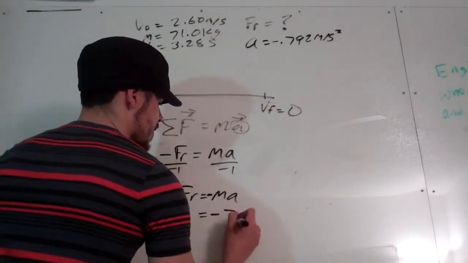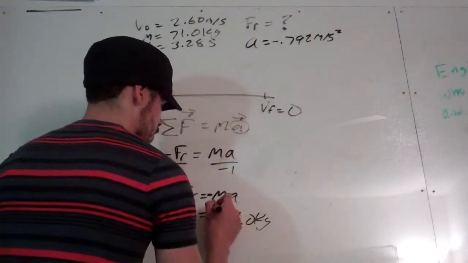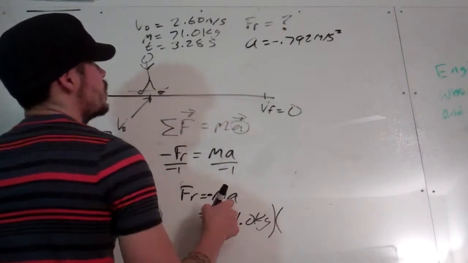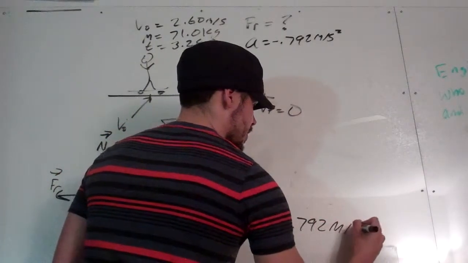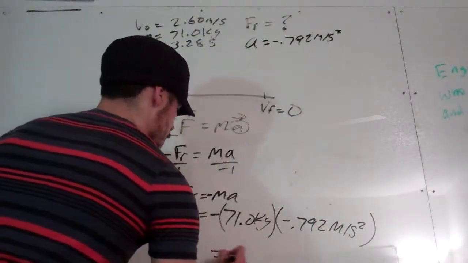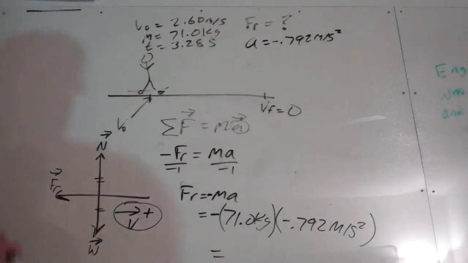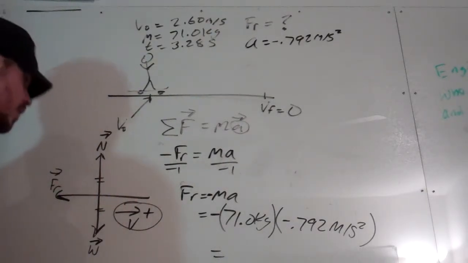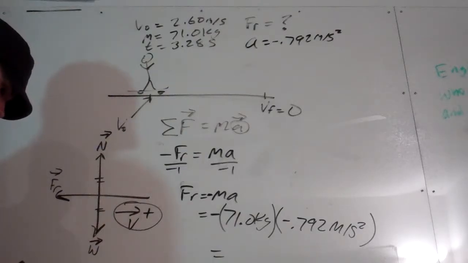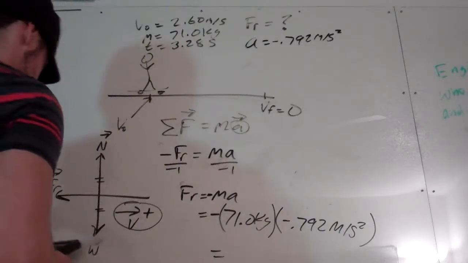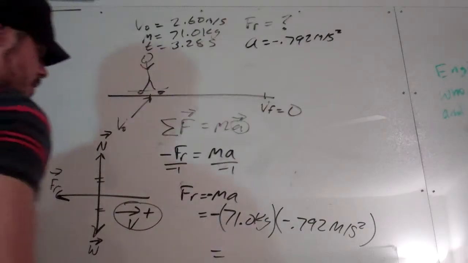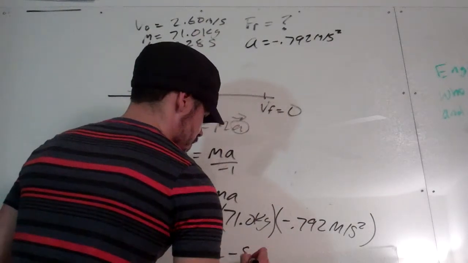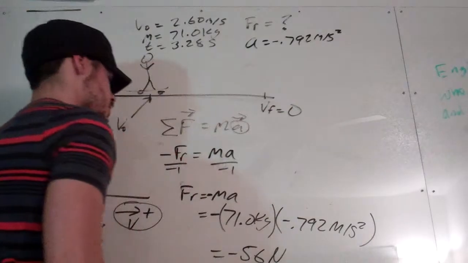Negative 71.0 kilograms times acceleration, which is negative 0.792 meters per second squared. And this is going to be our force of friction, which is equal to negative 56 newtons.